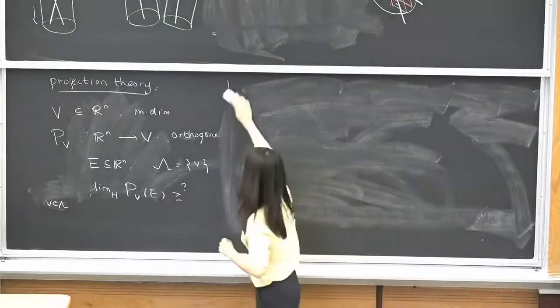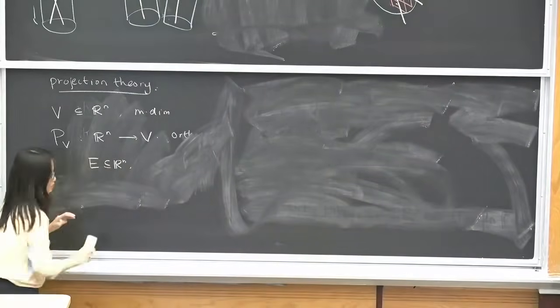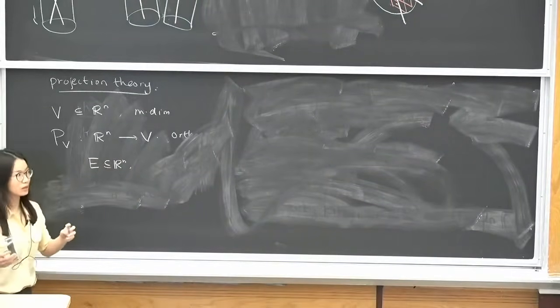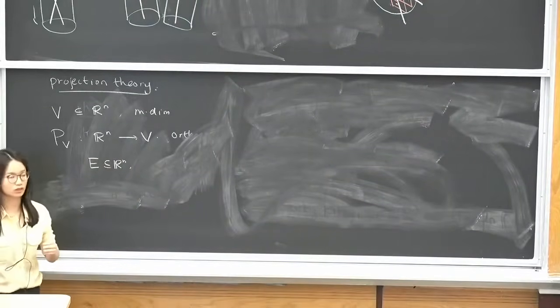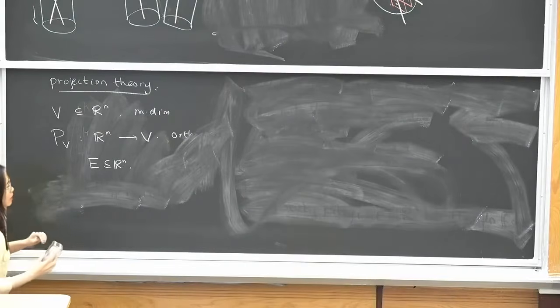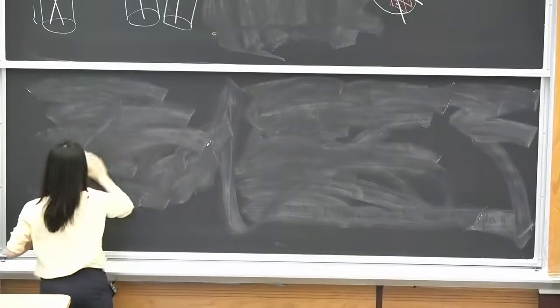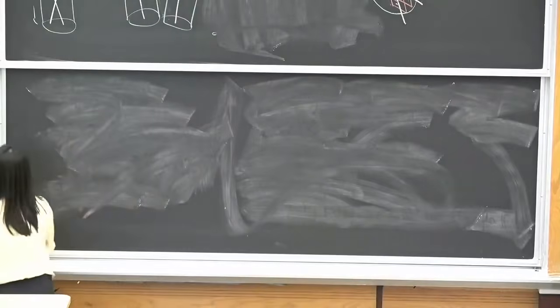The proof idea is just to study any arbitrary, general collection of tubes, and then try to decompose it into these two classes. But to start with, let's say that we have a set of tubes.